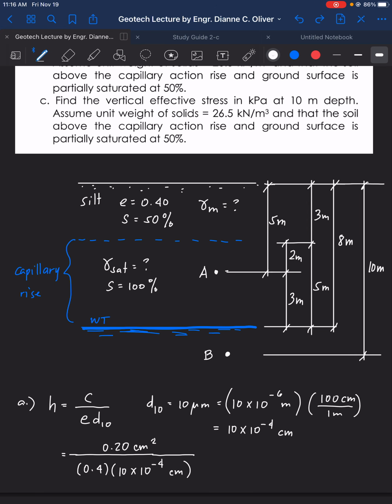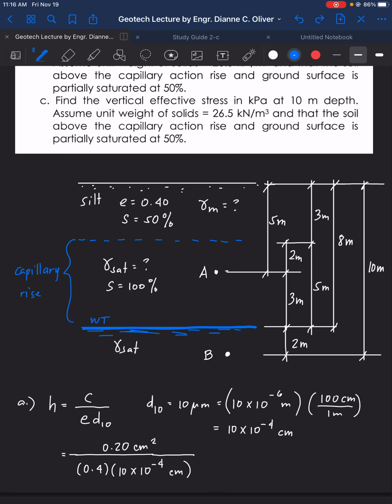But pay attention at the capillary zone. At the capillary zone, we get the gamma sat times 5. Then, when it comes to this portion here, because this is 2 meters below the water table, we get a gamma sat, and we will deduct gamma of water.